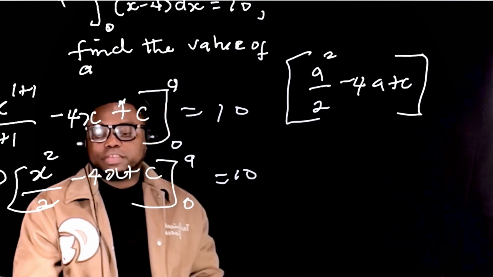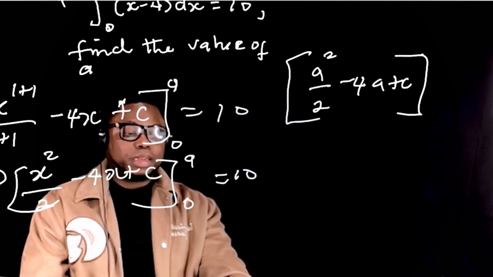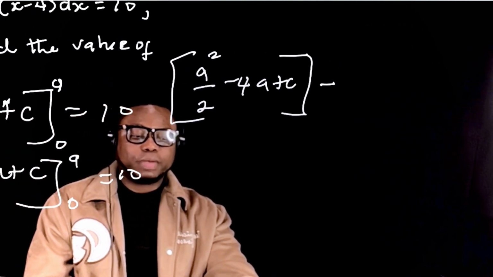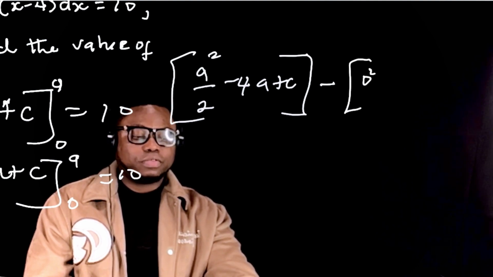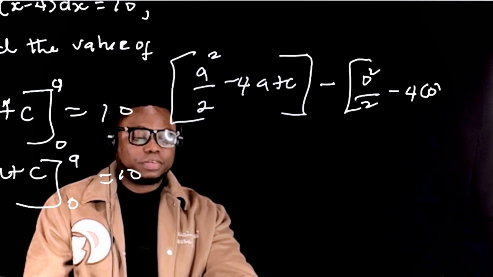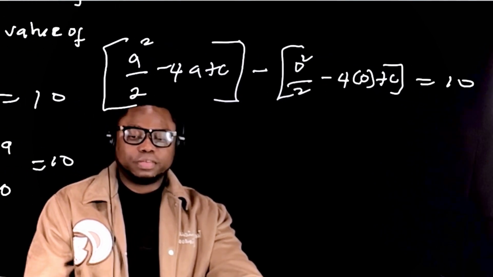Then remember I said I'm going to replace x also with 0, which is the lower limit, and that is going to give me, then I'll subtract their values, minus 0 squared divided by 2 minus 4 times 0 plus c, which is the constant. All this will be equal to 10.